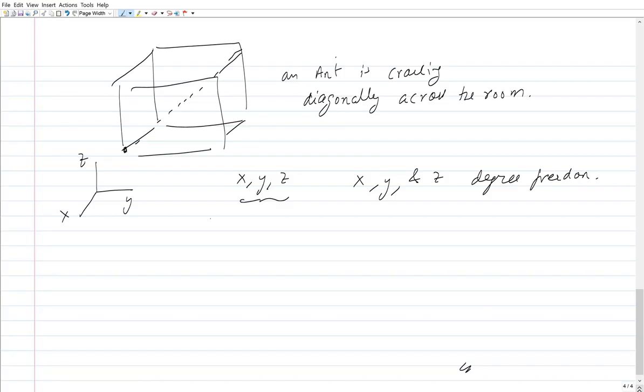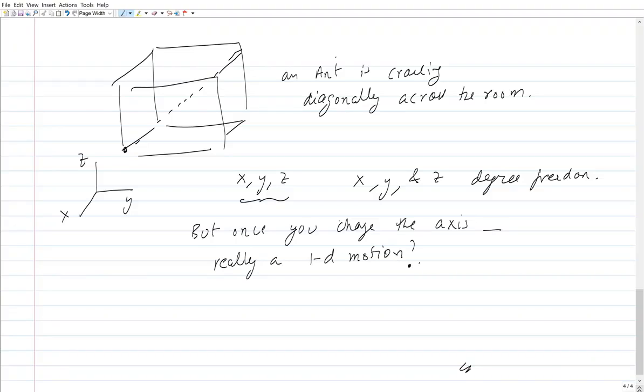But essentially, if you look at it, you change the axis, you realize that it's really a 1D motion. So essentially, that's exactly what the Schmidt decomposition is doing for us.